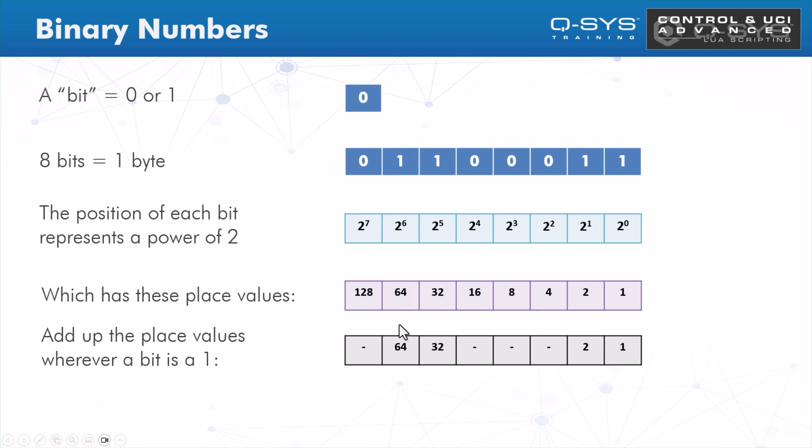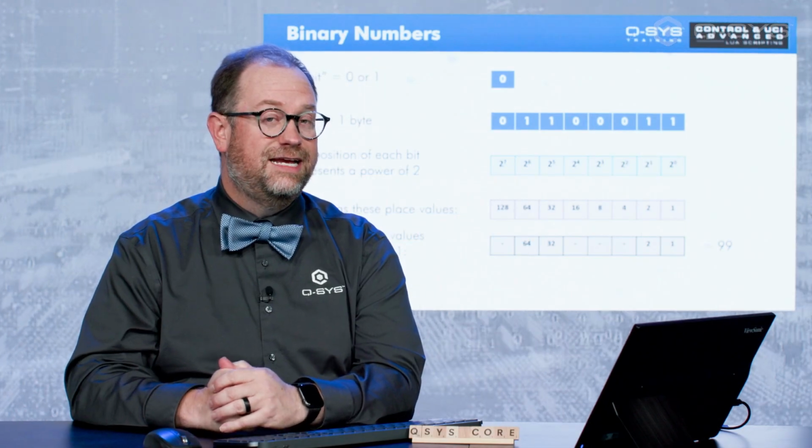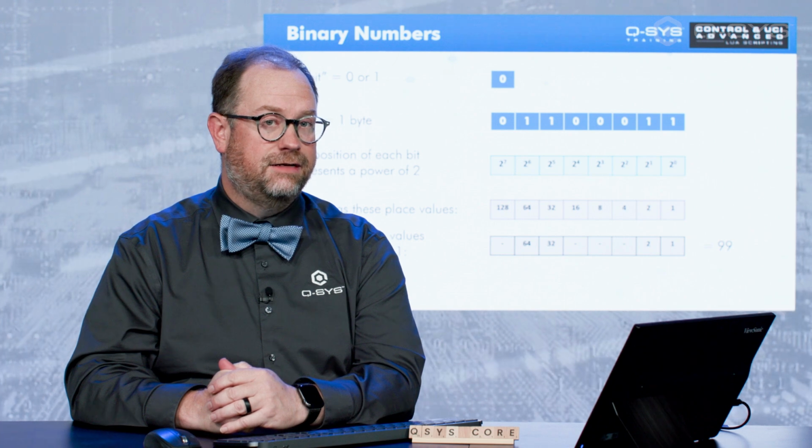And 1 times 64 gets you 64. And then when you add all of those up, you can see that what we have done is encode the number 99. That's an important idea. We have encoded the number 99.